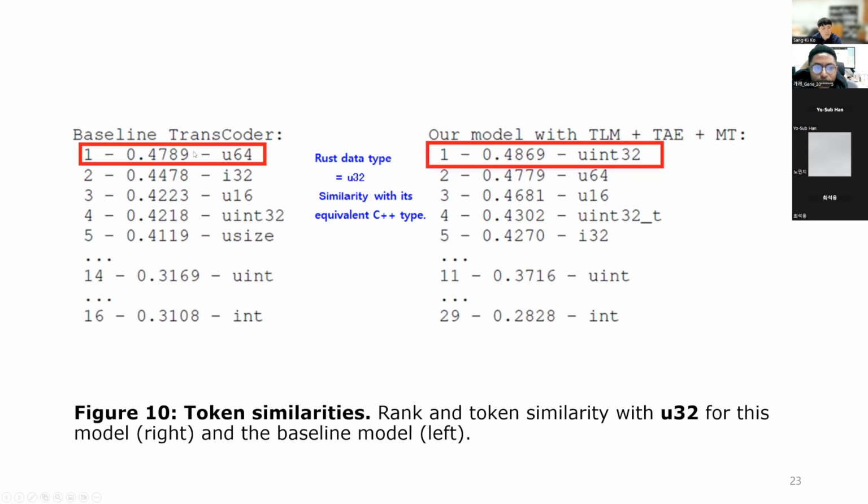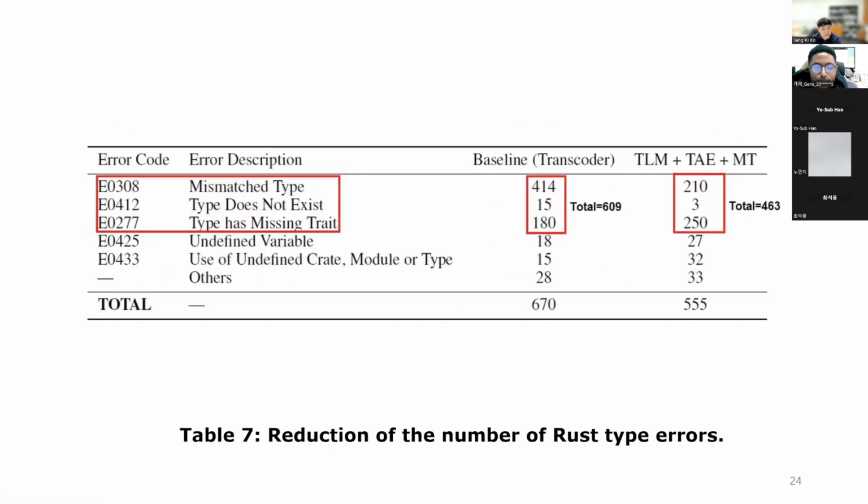So if you see in the TransCoder, the first ranked data type is u64, which totally doesn't have any correspondence with this data type. So in this way, other embedding rankings are also outperformed by the current model.